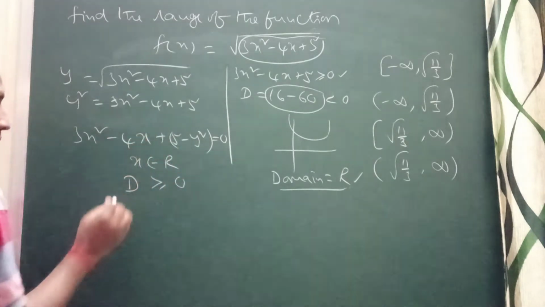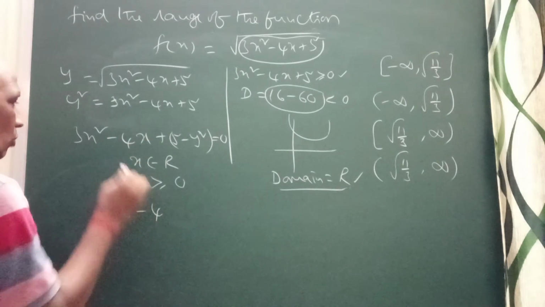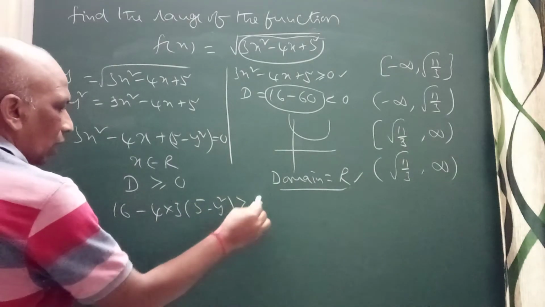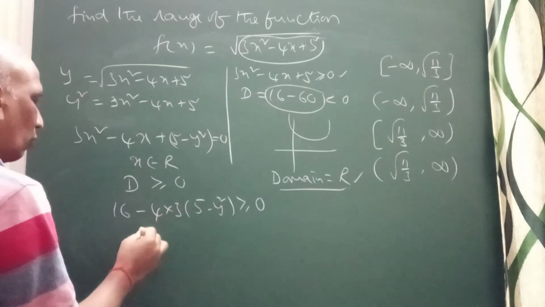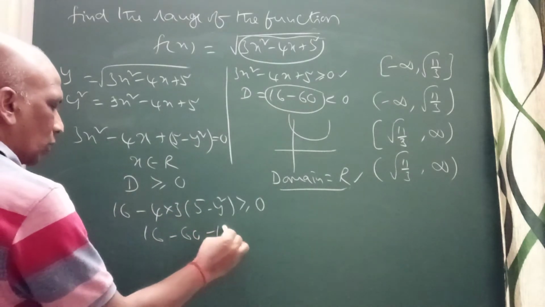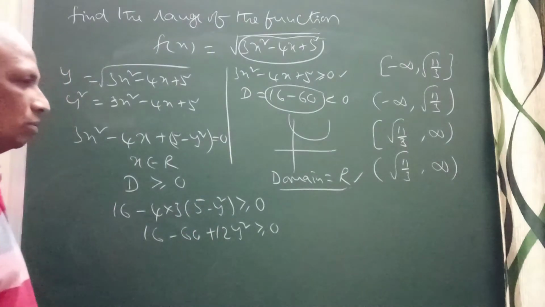What is the discriminant of this? b square, so 16, minus 4ac, which is 4 into 3 into (5 minus y square), greater than or equal to 0. Now you can see 16 minus 60, you will get minus 44, plus 12 y square greater than or equal to 0.